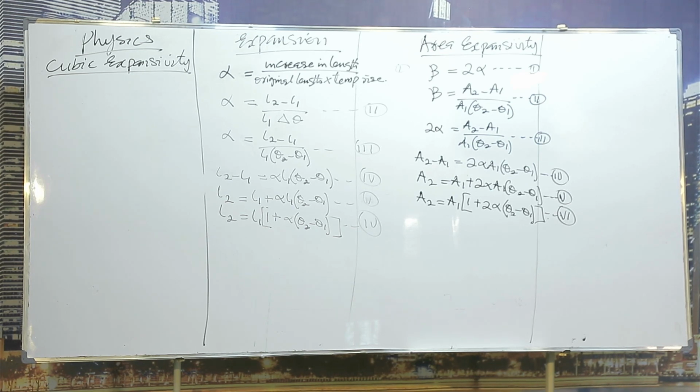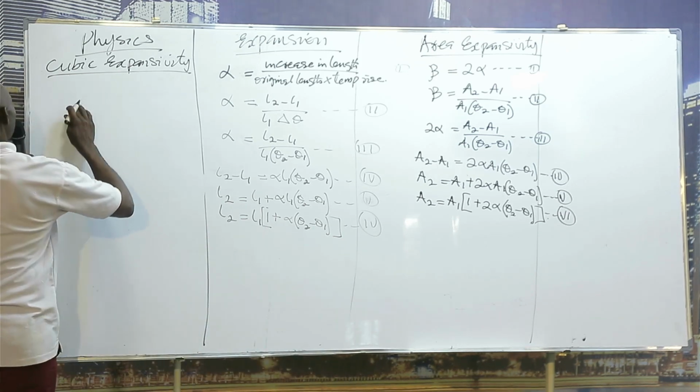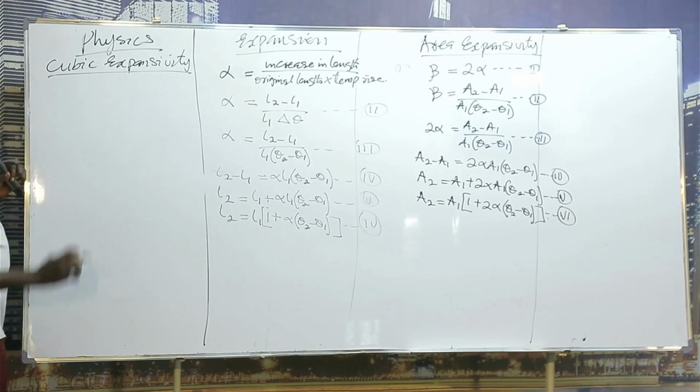Now read what you have in your note. We are talking about volume now, and look at exactly the measure of it. As you look at the board now, we are talking about cubic.